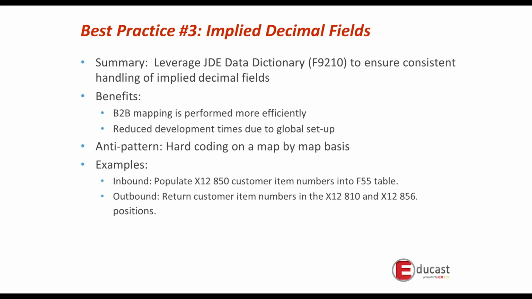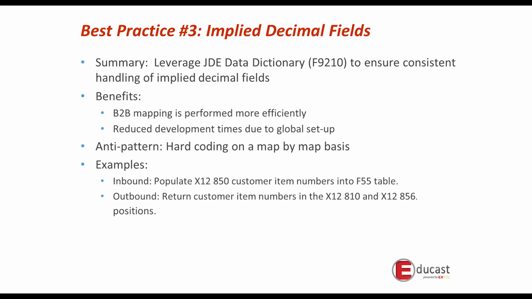Previously, and I have seen it before, people multiply or divide by 100 or 1,000 just to meet a certain decimal position. That's effective, but it would have to be done on a map basis. Here we do it at a global level.